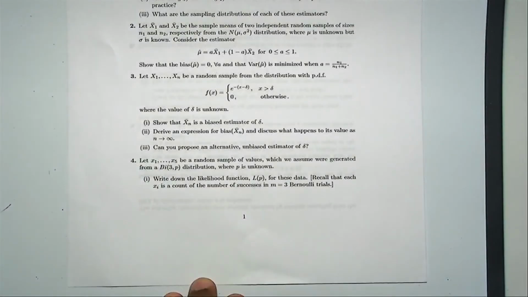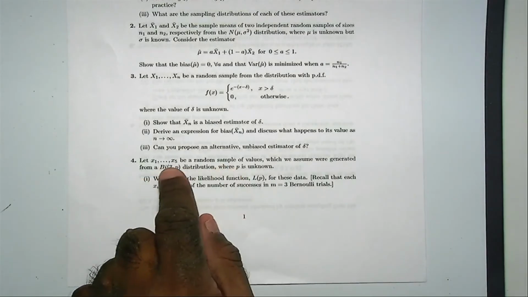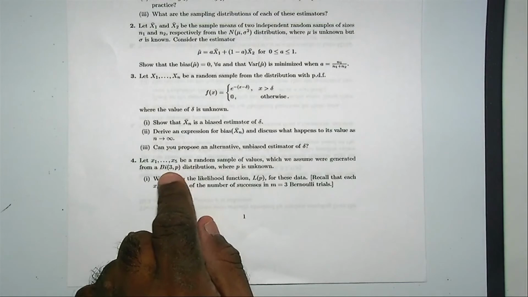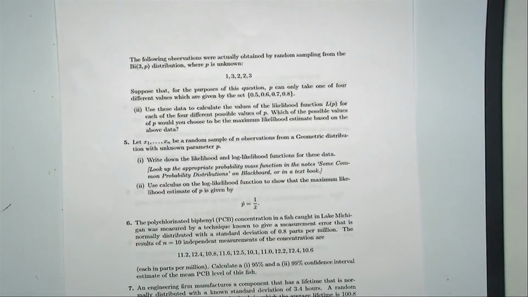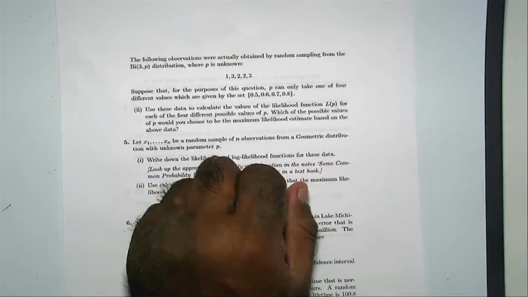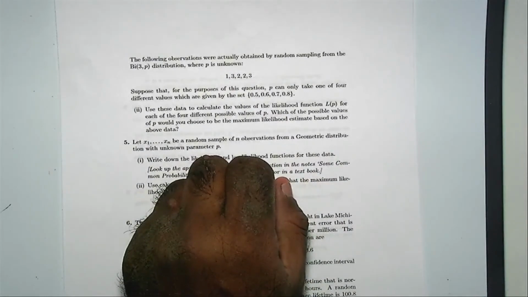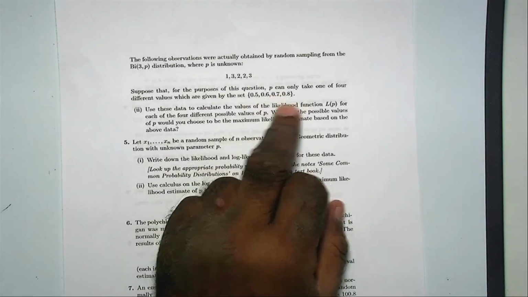Okay, next, question 4. We have a random sample of size 5 from this. Write down the likelihood function for this data. That's the first part. The second part is, you have the following data, where p is unknown, and suppose that p can take only these different values.